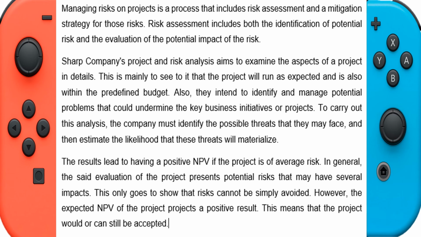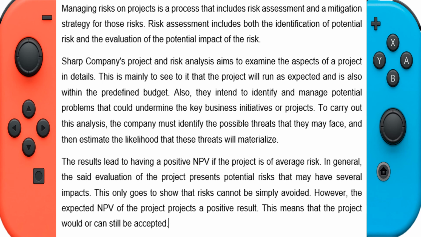This is mainly to see to it that the project will run as expected and is also within the predefined budget. Also, they intend to identify and manage potential problems that could undermine the key business initiatives or projects. To carry out this analysis, the company must identify the possible threats that they may face and then estimate the likelihood that these threats will materialize.